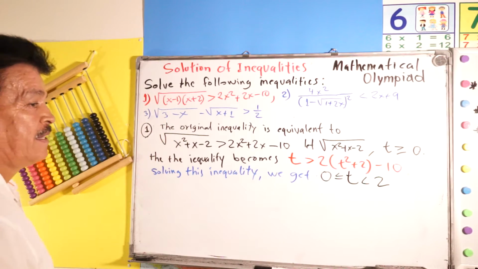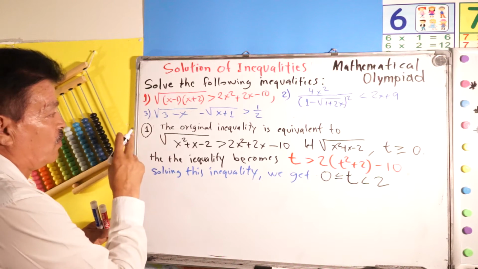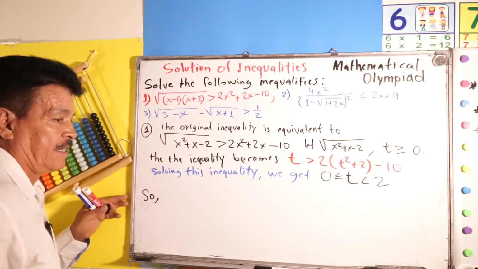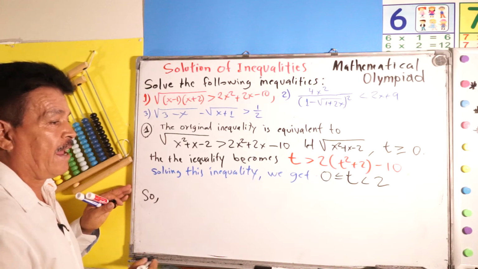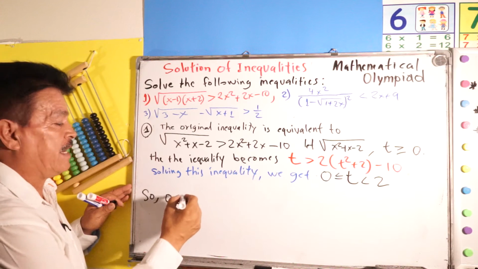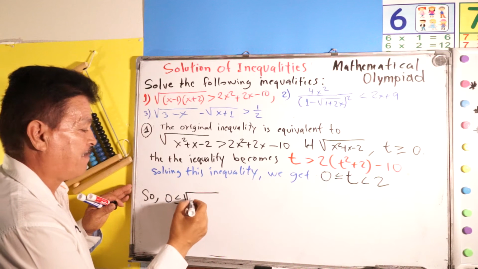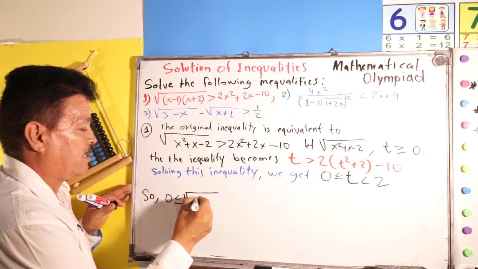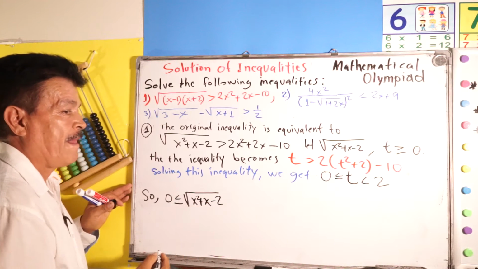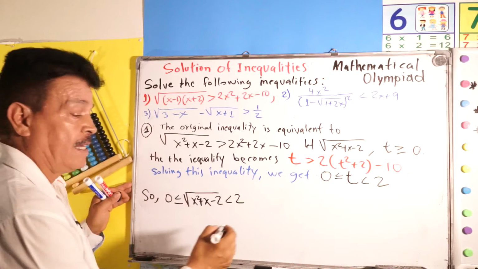So our conclusion for the first problem is 0 less than or equal to the square root of x squared plus x minus 2, less than 2.